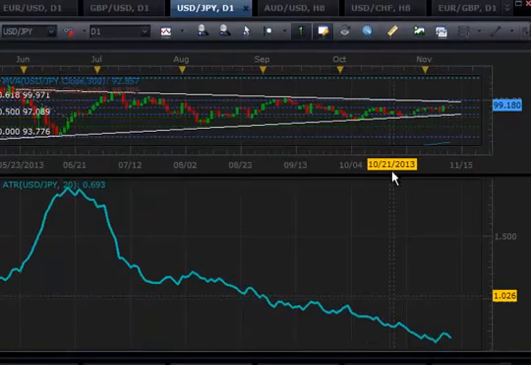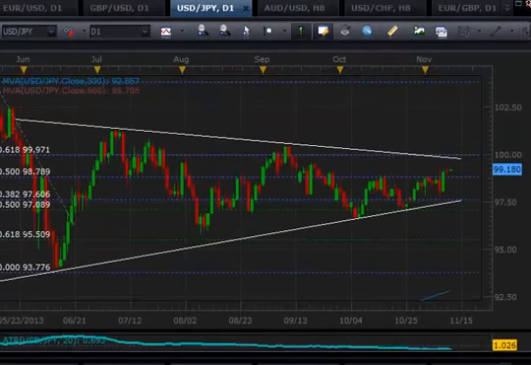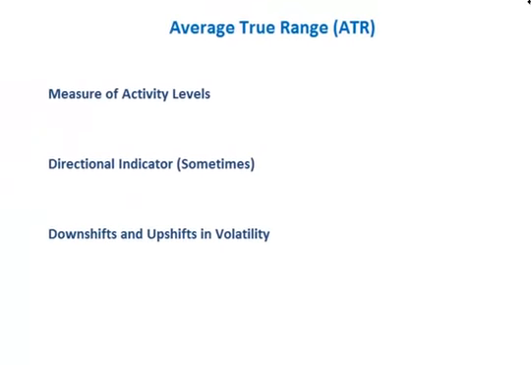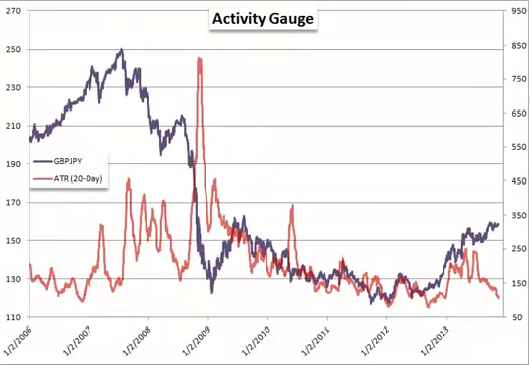But let's take a look through its individual roles. First, I'd like to look at just using it as an activity gauge. We looked at it a little bit on the dollar-yen, going back maybe 4 or 5 months, but this is an activity gauge for pound-yen going back over the past 7 years or so. This gives us a very good assessment of its development over time.